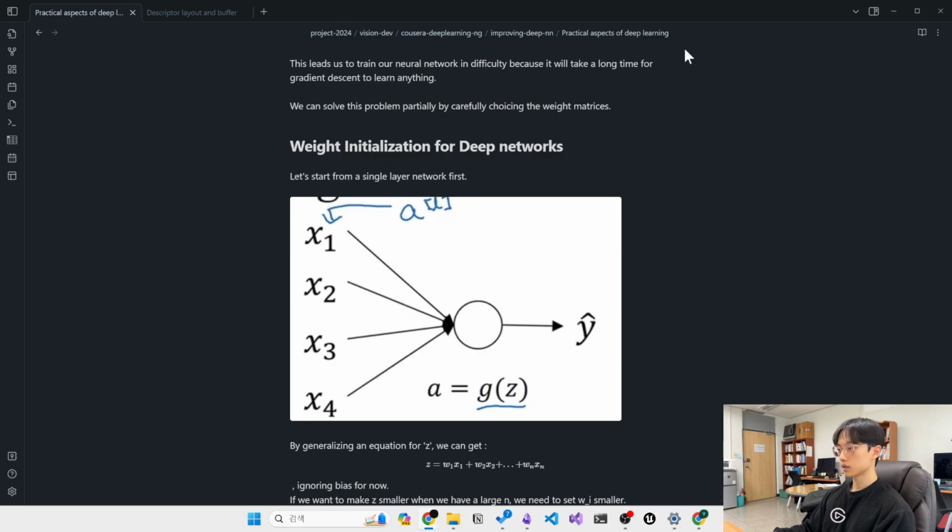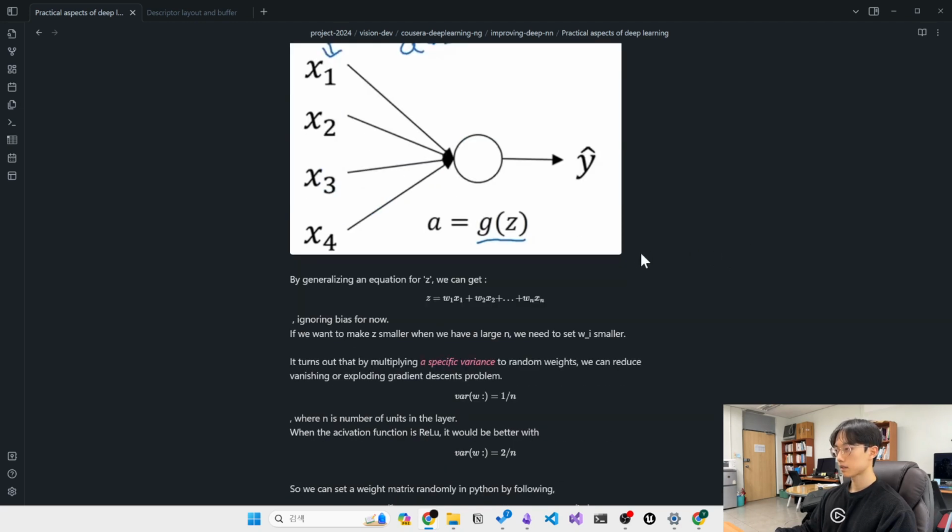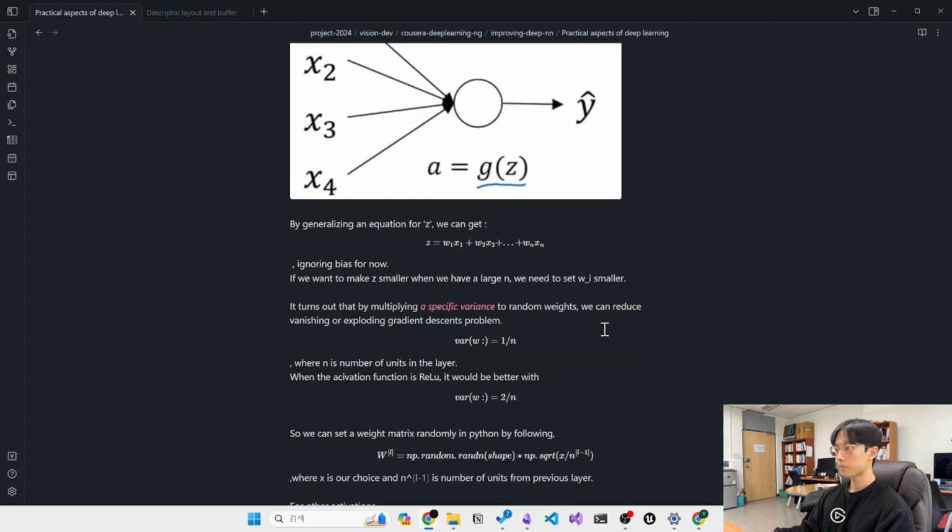So to avoid this vanishing and exploding problem, we can take care of the initialization of the weight matrices. It turns out that theoretically, if we multiply random weights by a specific variance depending on the activation function we use, we can reduce these vanishing or exploding gradient problems.